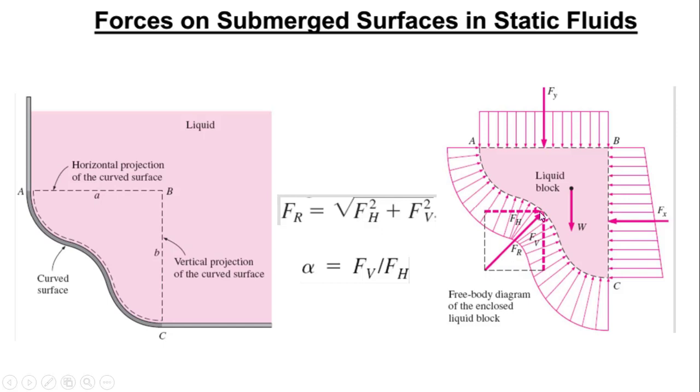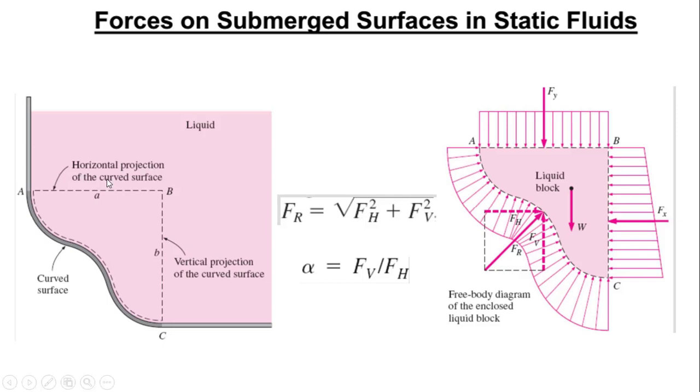From there we find the resulting force, which can be found using this formula: horizontal force squared plus vertical force squared, under a square root, to find FR. At the end of the day, we also need to find the angle theta, which is arctan of FV over FH.